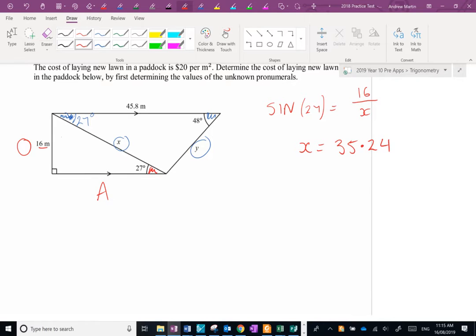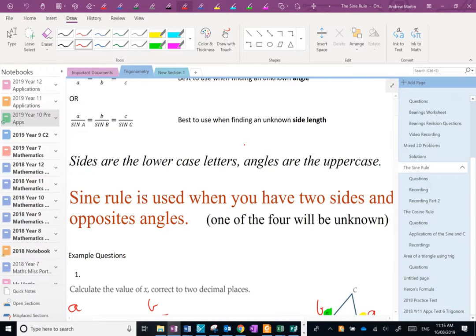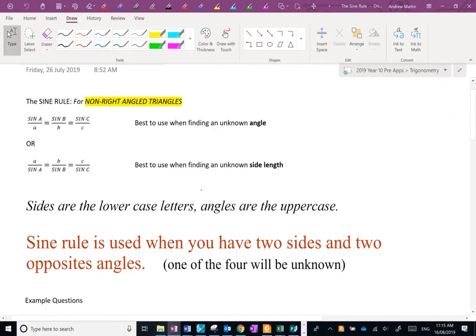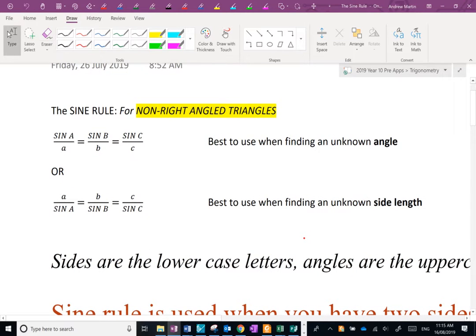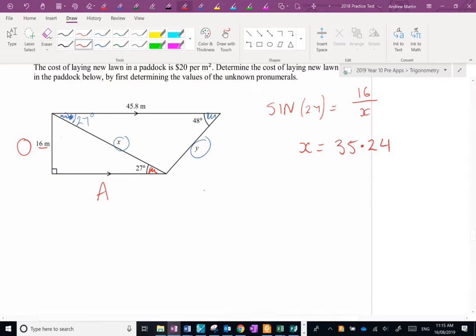All right. So if I set it up, now if we go back to the sine rule, which one is better? I'm finding a missing side length. Okay, this version of the formula is better to use when I'm finding a missing side length. So I'm going to have, I'll do this one in blue, y over sine of the opposite angle to that, which is 27.